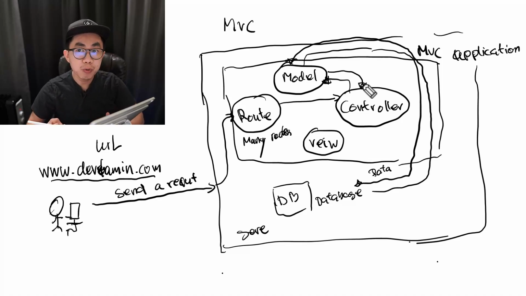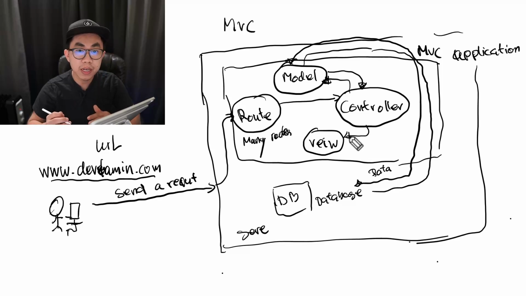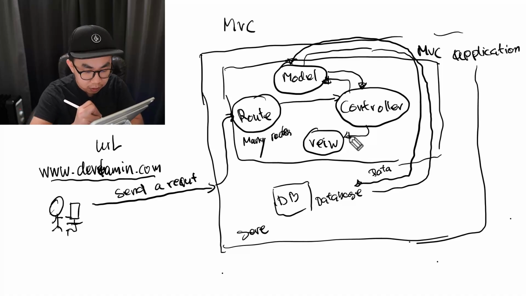Controller will do some logic with the data and send the clean data to view. Controller will say, hey view, I need you to put this data in HTML. Okay, sorry, I wrote this wrong. View, data.